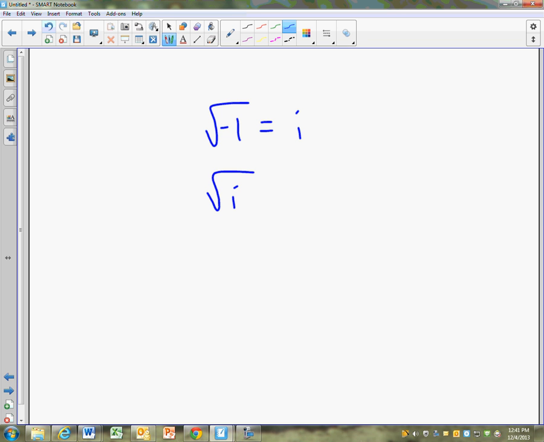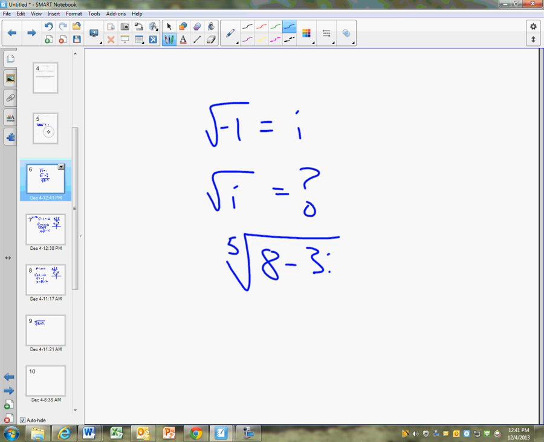What's the square root of i? Huh. That's a good question. Every time you find something else out, you have another question. In fact, I will teach you, second semester, how to find the fifth root of 8 minus 3i. That looks absolutely ridiculous, but we can do that. It's so cool, but we can do that.